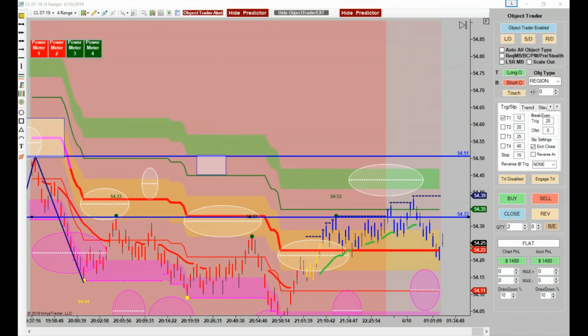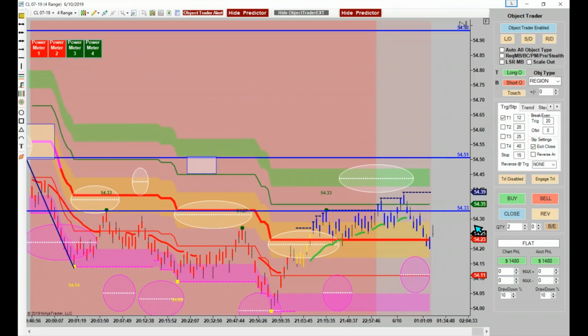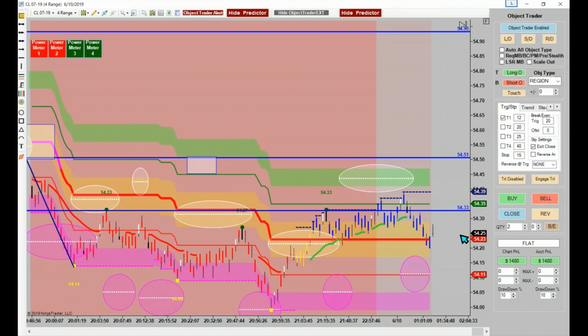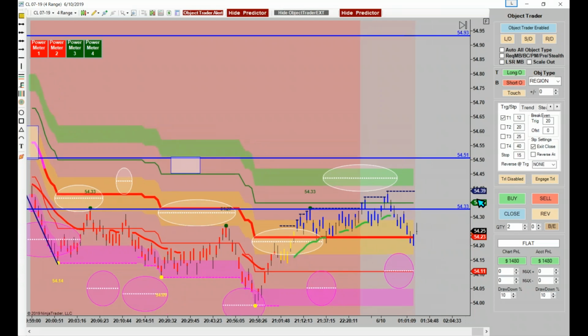Now, does this look like you could box this little trade in? Anybody? If you're drawing on your charts, could you box that little trade in? That's not usually good enough for me. That phantom, you barely got a phantom on that, and we missed it. So I would be looking for, personally, a little bit more oomph on that.